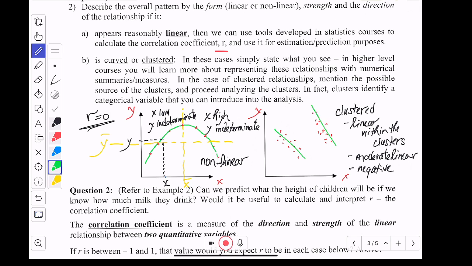Let's say x was the number of hours watching novelas. So the number of hours watching soap operas, really. And on the y-axis, let's say we were able to measure, using a survey, well-being.